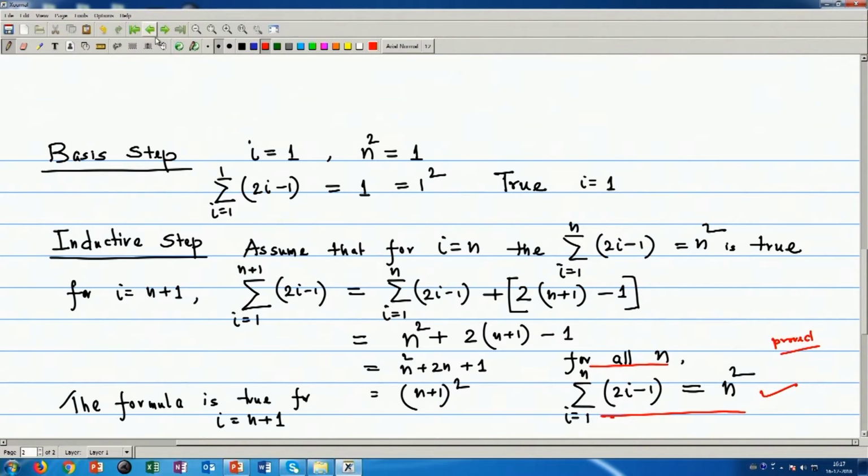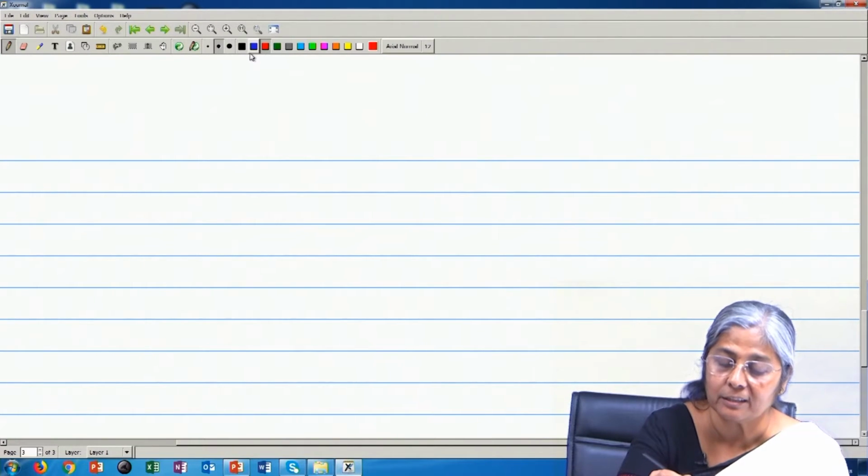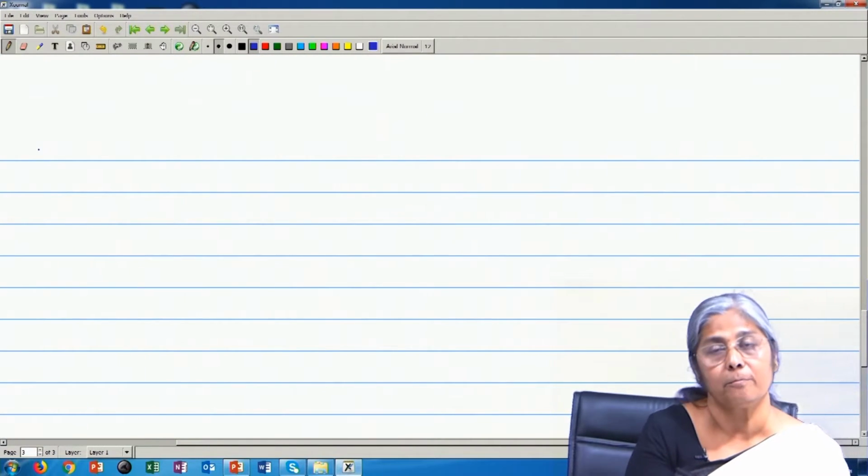Now, we see a different type of example, where indirectly we can apply mathematical induction.